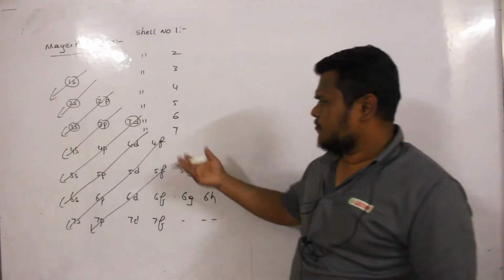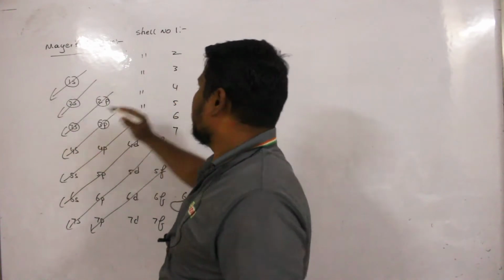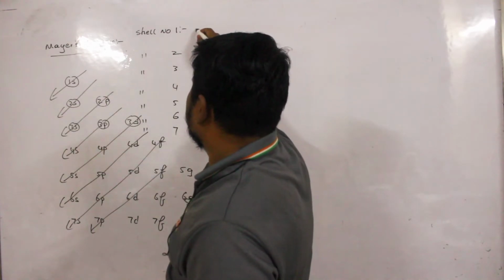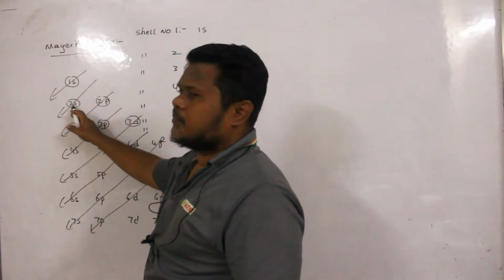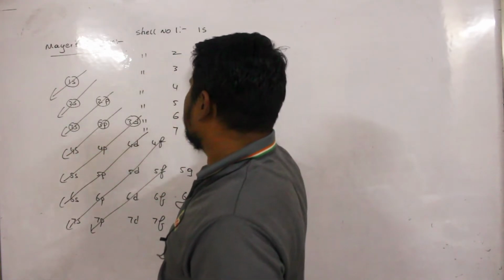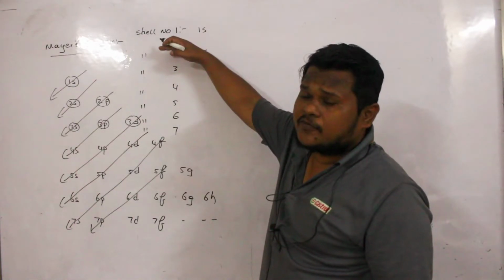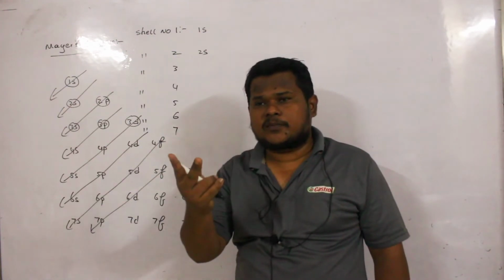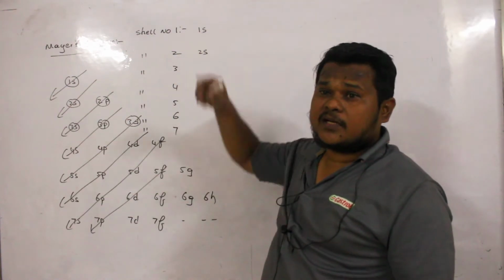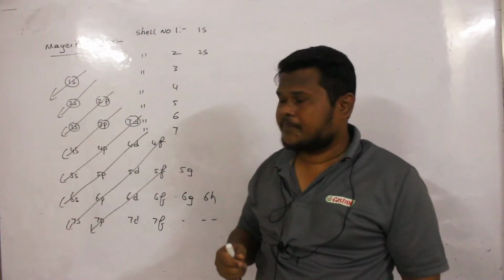So the first shell contains only 1s. You can write 1s here. Then immediately I have 2s, so 2s goes to the next shell. It means the total first period consists of only 2 elements, because S subshell can accommodate only 2 electrons.